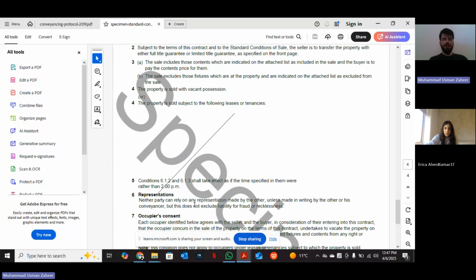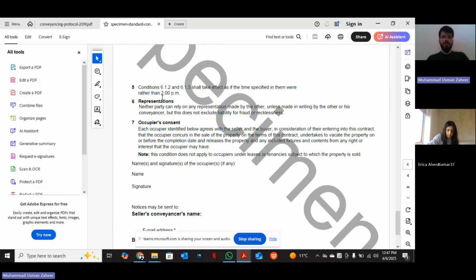Maybe the buyer is not looking for a tenancy within the property. He wants the property for himself. He's not buying the property as a buy to let. He needs the property for himself, so you need to make sure that the property is not tenanted, if that is the condition of the sale to go through.